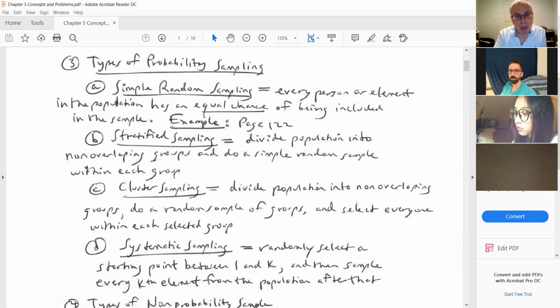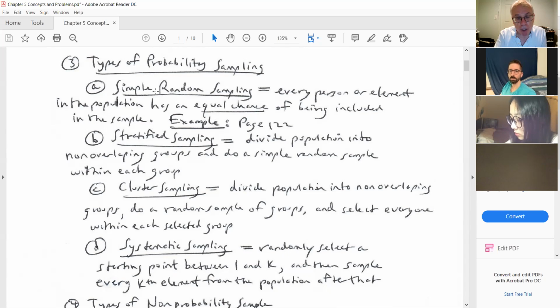And what we're going to do, if we can do it, is, well, let's say number everybody in the population from 1 to 1,000. And then we use some sort of random number generator, and we pick 100 random numbers from 1 to 1,000. And then those people who have that random number assigned to them, they get selected for the sample.